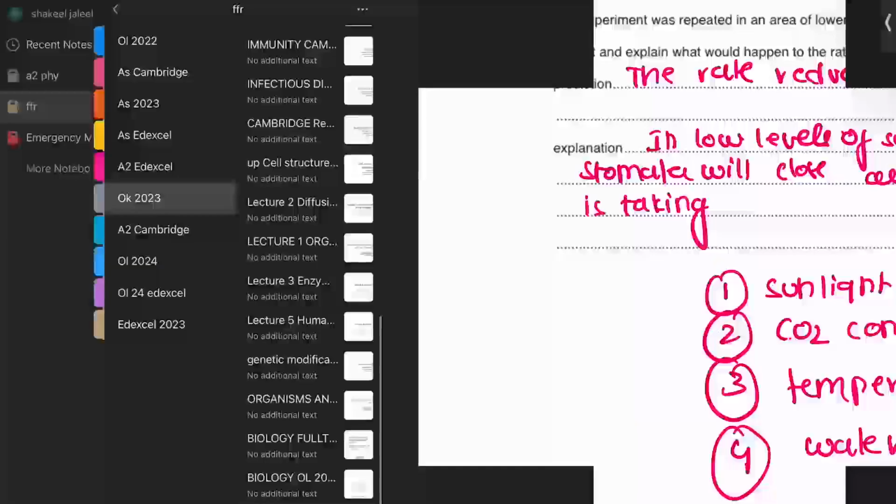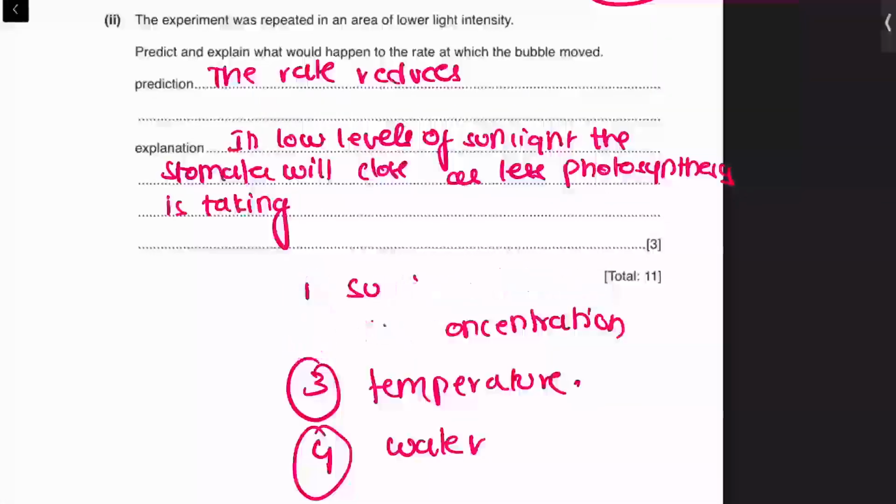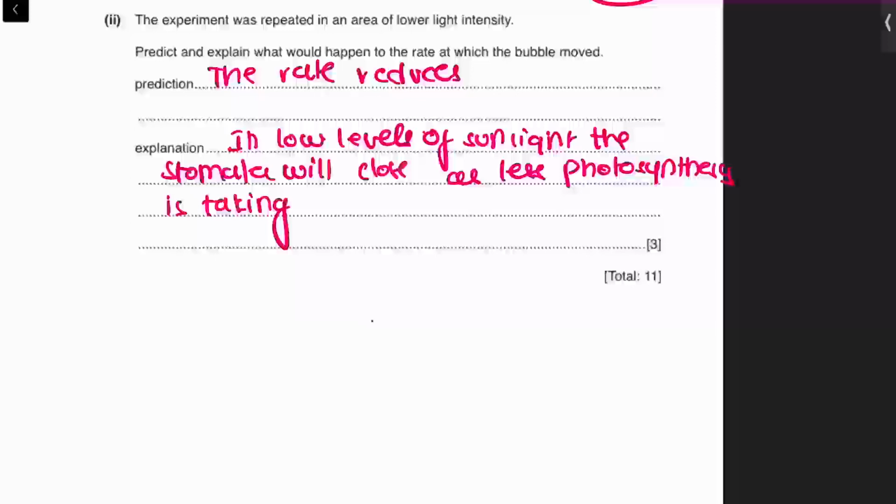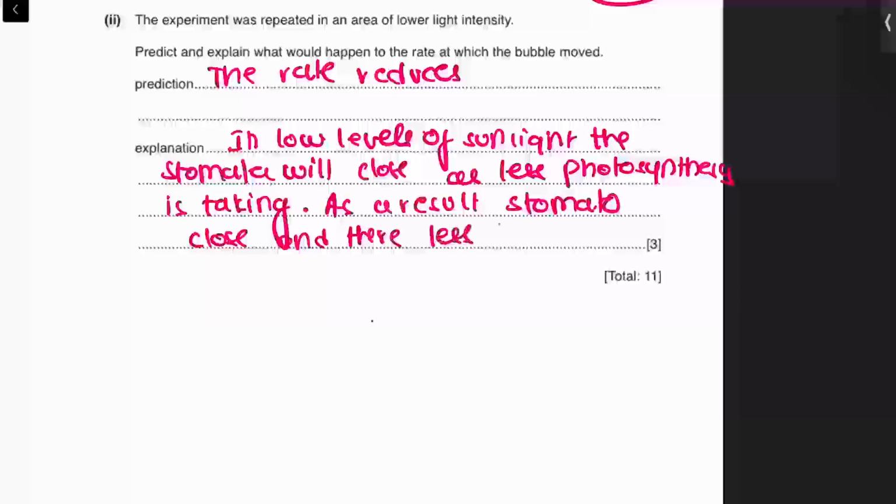So in low levels of sunlight, the stomata will close as less photosynthesis is taking place. As a result, less transpiration takes place.